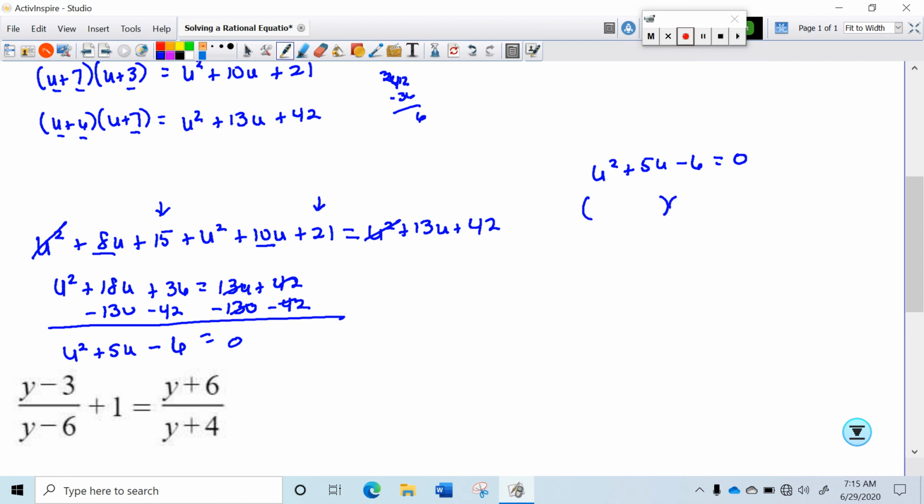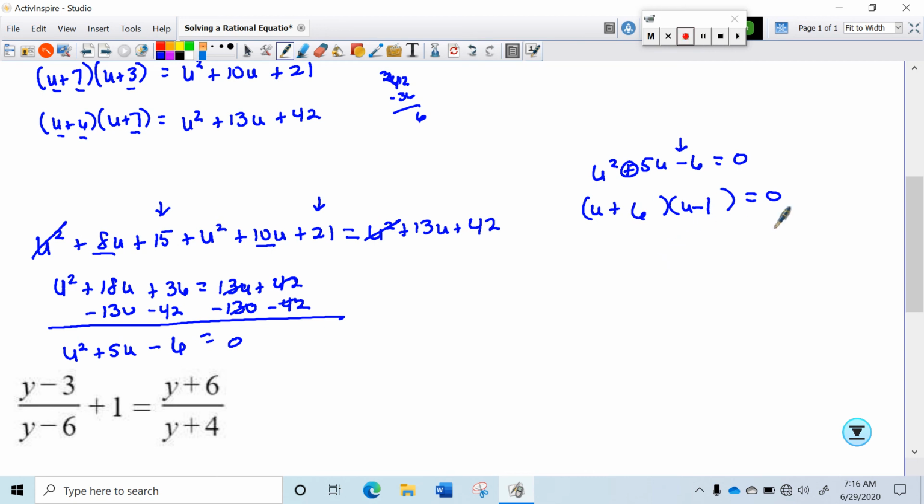I'm going to factor that. Split up the u's. Bring down the first sign. The last sign is negative. That means opposite. So since we used a positive, you use a negative. And work backwards. The factors of 6 that when I subtract them equal 5 are 6 times 1. And you got to use the biggest one first. 6 times 1.